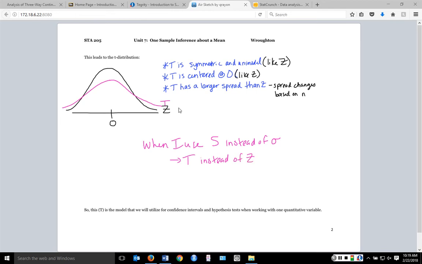So as we start doing hypothesis tests and confidence intervals, things are going to follow a very similar process, but now we're going to have this new distribution that we need to talk about, and it's going to change things a little bit. It's not going to be a dramatic change, it's just going to be a little change.